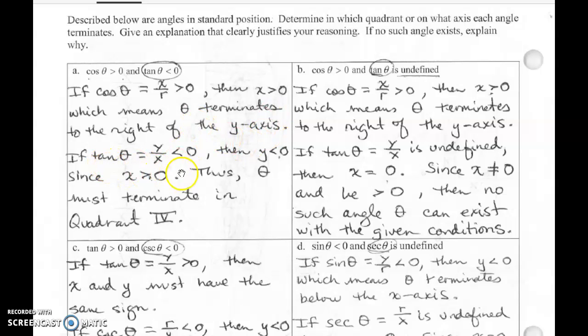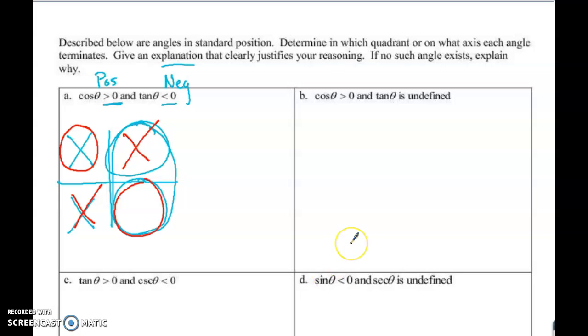And then if tangent's negative, that means that one of x or y needs to be negative. So that means quadrant 4. I think that's a little busy of an explanation. That's why I'm leaning towards asking you to just circle which quadrant and clearly label, okay, we want quadrant 4. And by the way, Roman numerals, IV is quadrant 4.